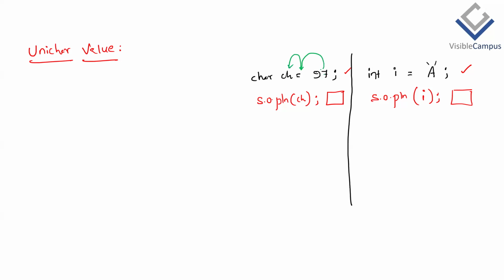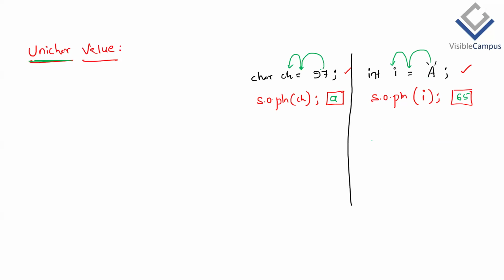Therefore, 97 will represent a character internally in terms of unichar value, which is nothing but a small a as output. Similarly, 'a' is a character which is assigned to an integer variable. This character has some Unicode value, and that will be represented as the answer here, which is nothing but 65.